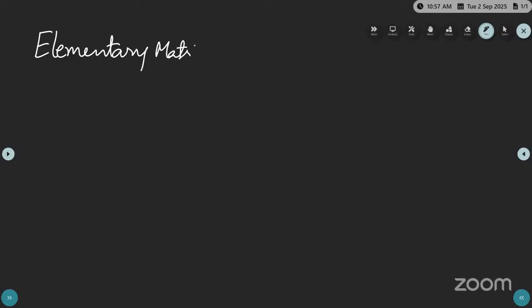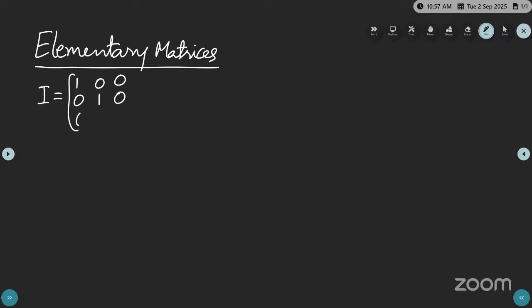If you are having an identity matrix 1 0 0, 0 1 0, 0 0 1, by interchanging the first and second rows, only one row transformation, what are you getting? 0 1 0, 1 0 0, 0 0 1.